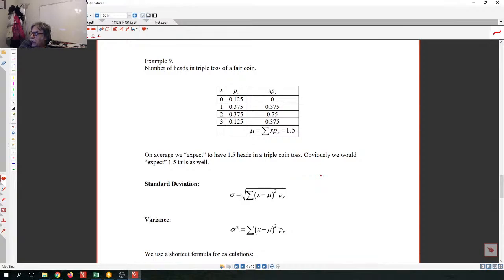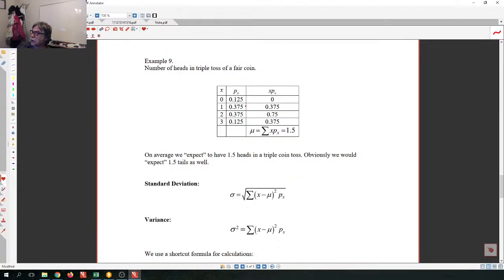You can get 1 head, and the chance of that is 3 out of 8, or 0.375, which is 37.5%. You can get 2 heads, and the chance of that is also 3 out of 8, or 37.5%. And then you can get 3 heads, and the chance of that is 1 out of 8. That's the only case, HHH, to have 3 heads. And that is of course also 12.5%.